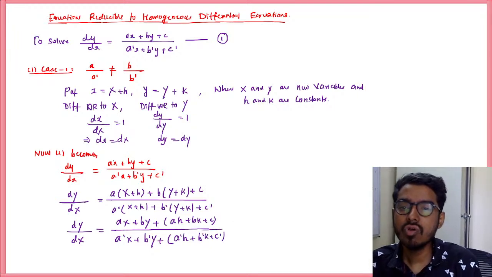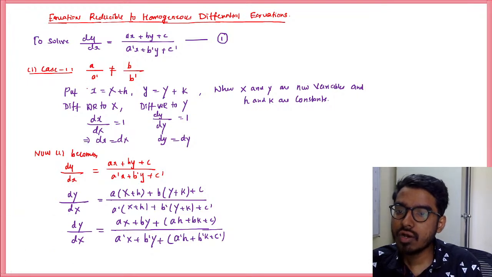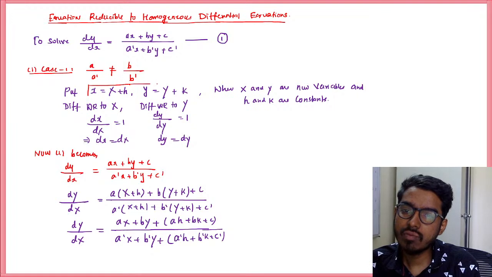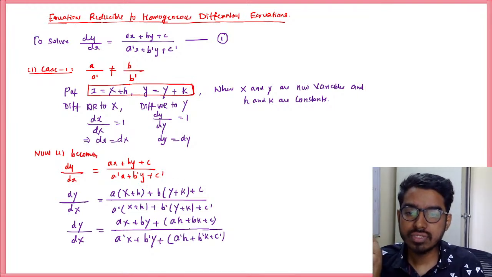So as of now, we have used the substitution: put small x is equal to capital X plus h, small y is equal to capital Y plus k, right? So very important. Now what we have to do is find the value of h and k, because we don't know this h and k. h and k are constants.